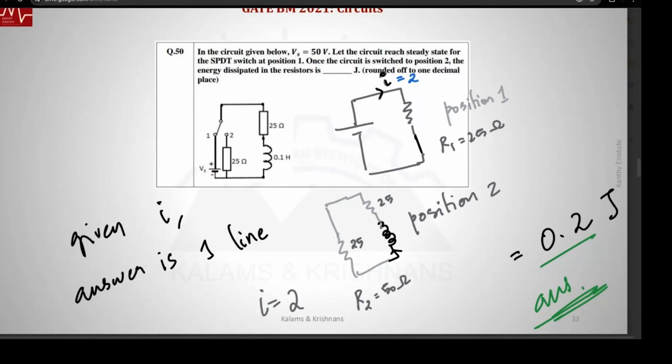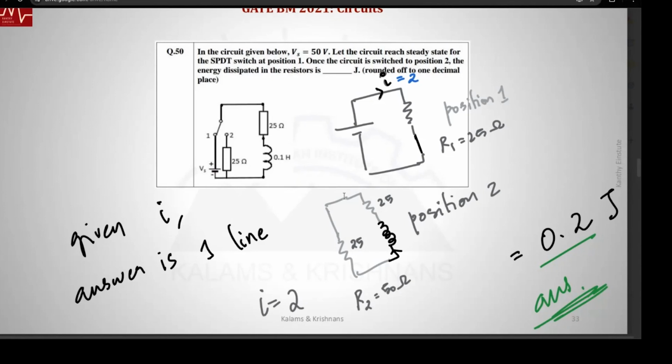That full tiffin box eventually gets distributed to your friends and yourself. You and your friends are like resistors. The initial content of the tiffin box is like this inductor.